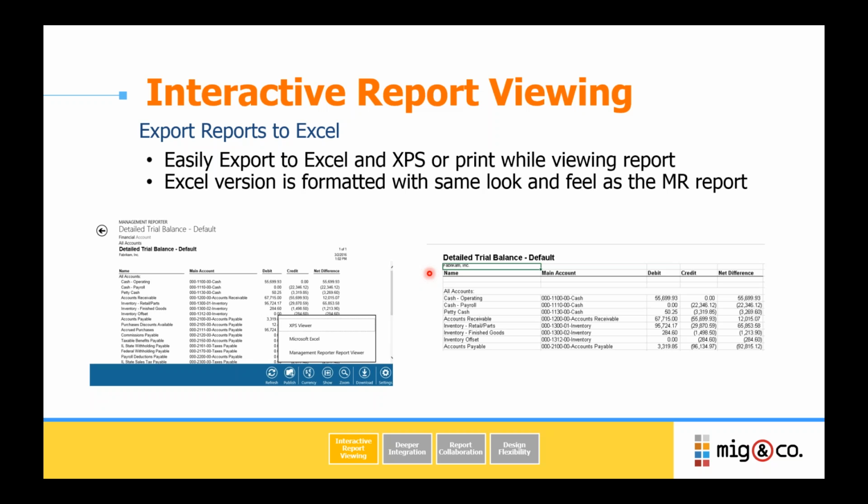In FRX, when you use the export to Excel feature, it comes a little short of actually looking like the original report, so this generates a much more professional looking Excel output that's suitable to send to your users.